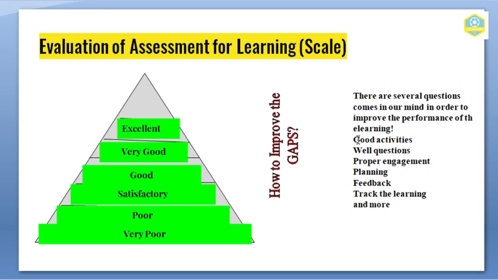There should be individual and responsible learning; the student has to take responsibility for learning. There should be proper planning, proper feedback, and tracking of the learning, and many things which are part of classroom practices. By applying these things, we can monitor and improve the progress, and the progress helps to improve student attainment over the course.